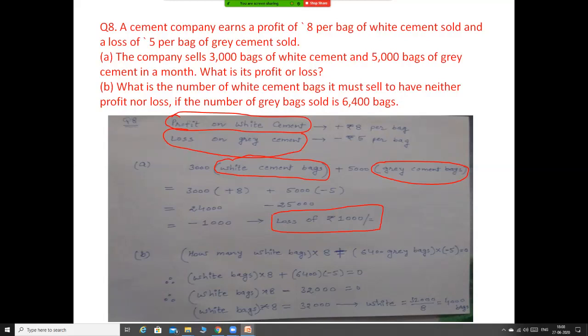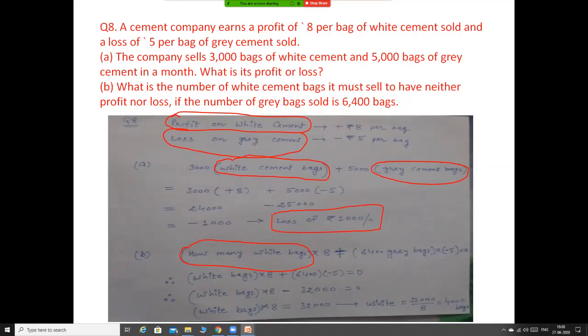Second, part B. What is the number of white cement bags it must sell to have neither profit nor loss if the number of grey bags sold is 6,400? This is the question we are required to answer. White bags we multiply with 8, plus 6,400 grey bags multiplied with minus 5, and the answer should be 0.